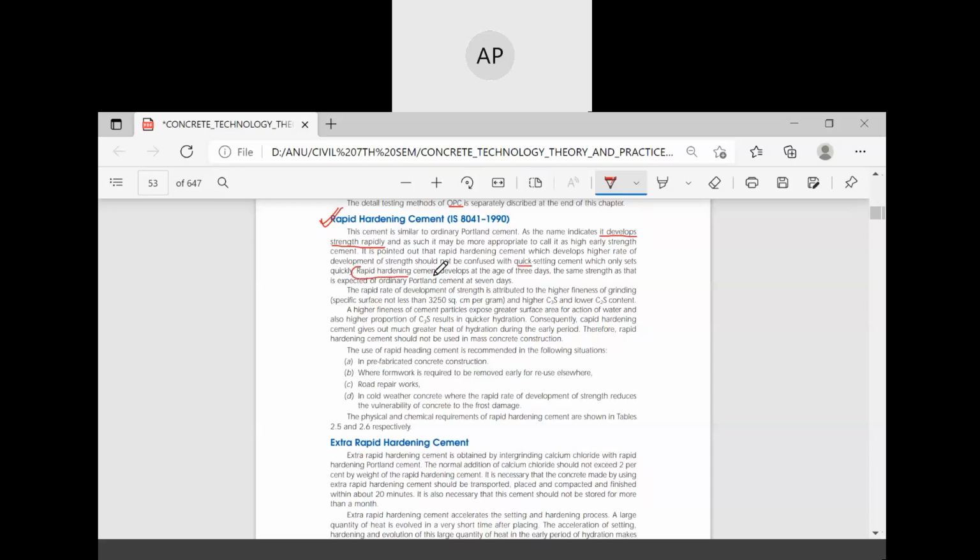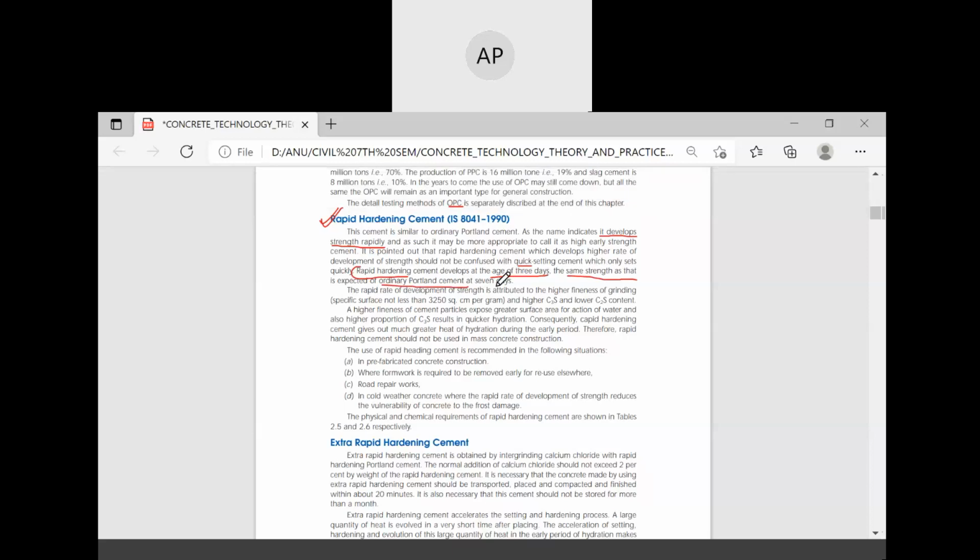Rapid hardening cement develops at the age of 3 days the same strength as that expected of ordinary Portland cement at 7 days. So when we use OPC, the strength development time is 7 days. Whatever strength is developed by OPC in 7 days, that much strength is developed by rapid hardening cement within 3 days.